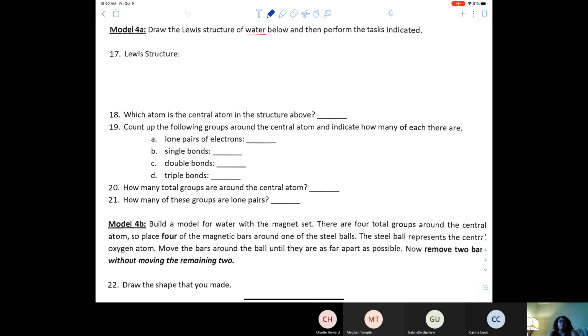Any questions? Models 4, 5, or 6? If not, I'm going to go ahead and stop the recording.